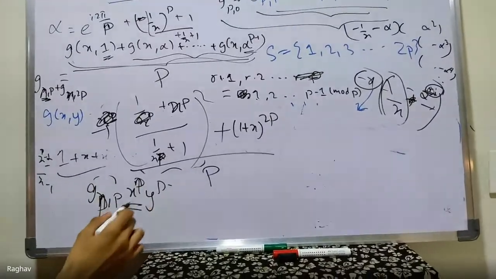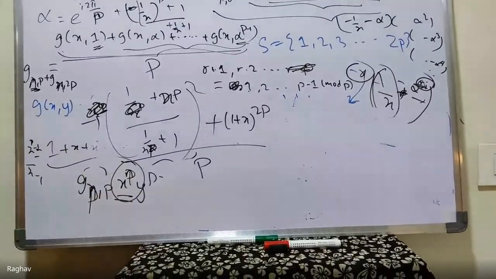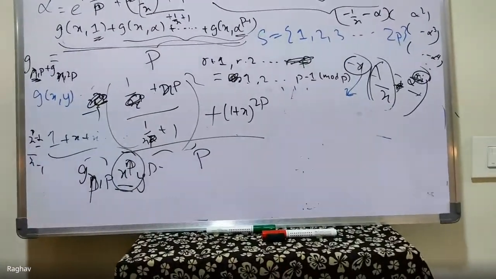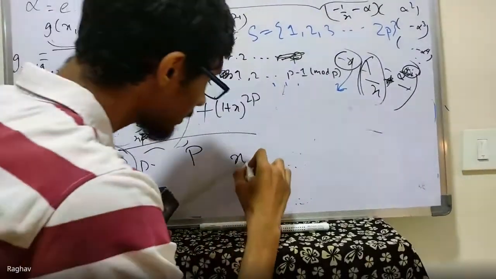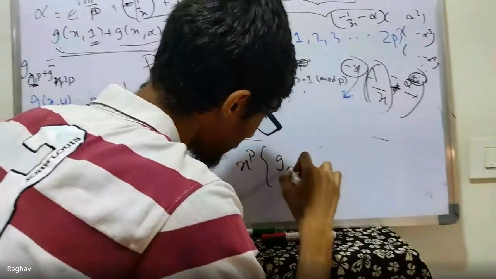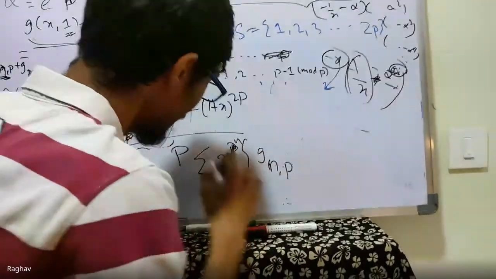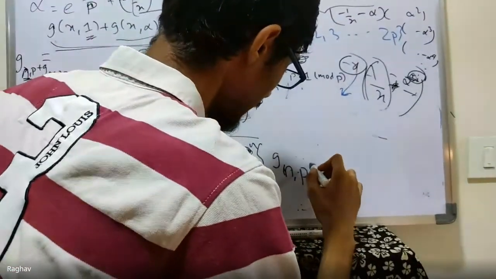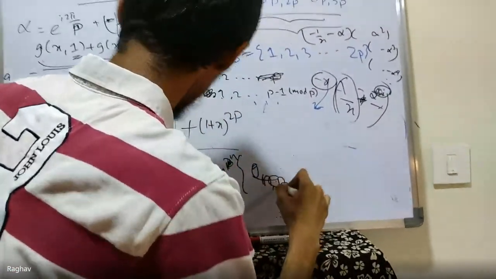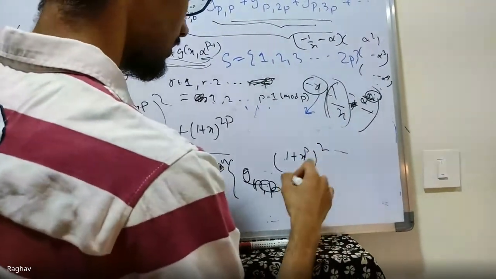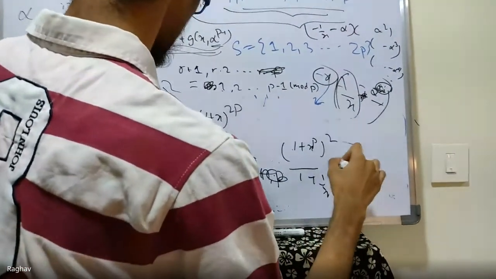So you want all those terms where the power of x is p, so you want the coefficient of x power p in this. Till now what you did is you got x power n summation over n, like g of x y simplified. You got this 1 by 1 plus x power p, blah blah, this whole thing.